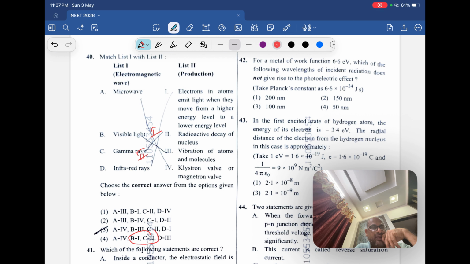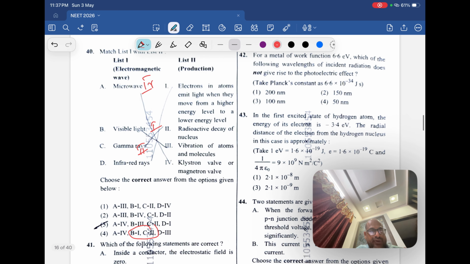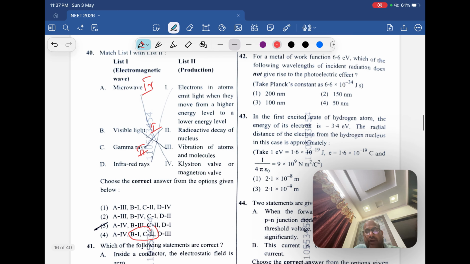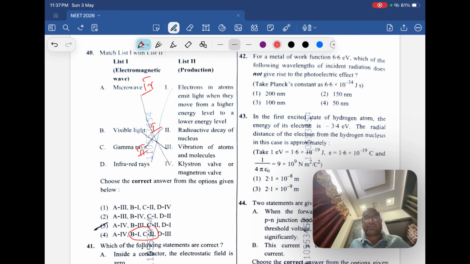And microwaves will be klystron valve or magnetron valve. Yes, A you can take 4. So like this you can match 4, 1, 2. So I can suggest option 4 here. Once carefully remember the frequency ranges, wavelength ranges, in which region they fall, and applications of electromagnetic radiation is important here.